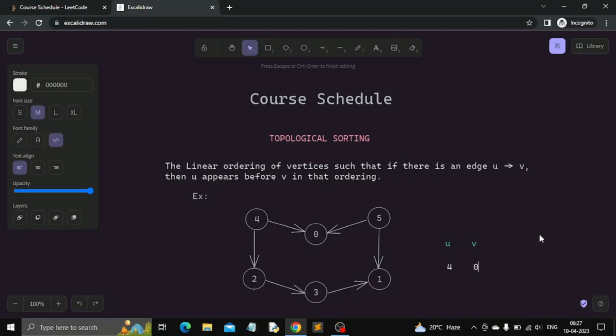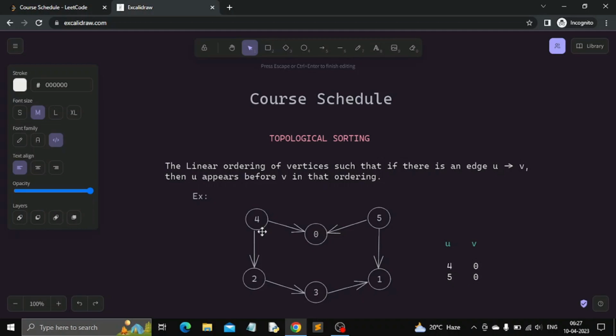Similarly we have an edge from node 5 directed towards node 0, so again 5 will be our u and 0 will be our v.